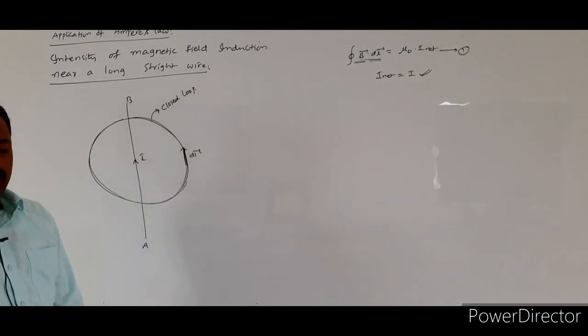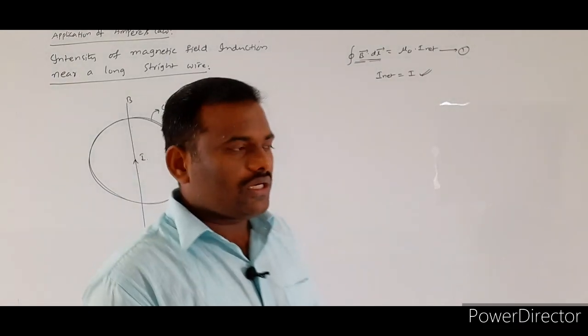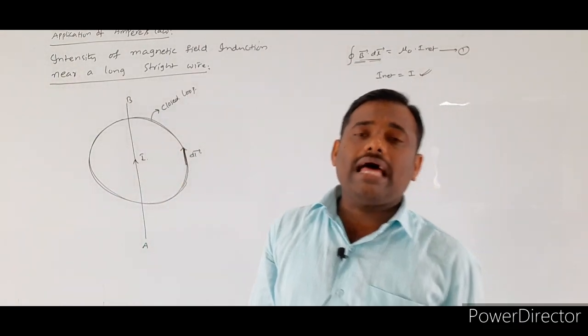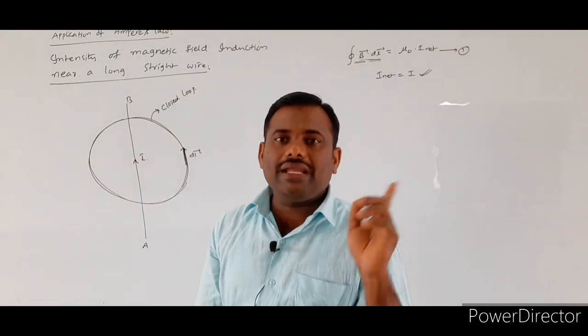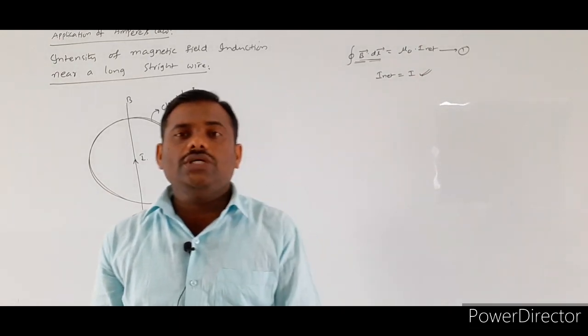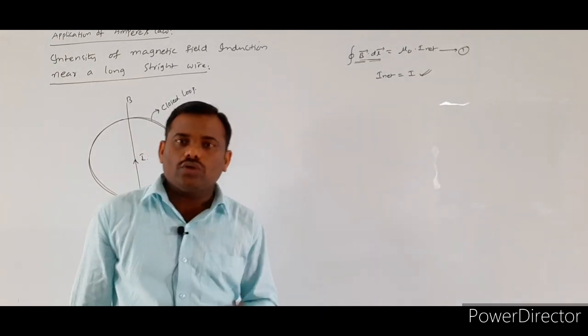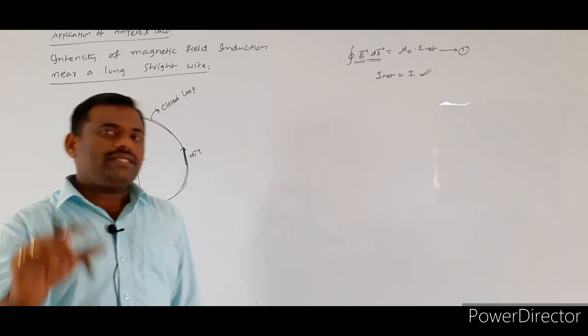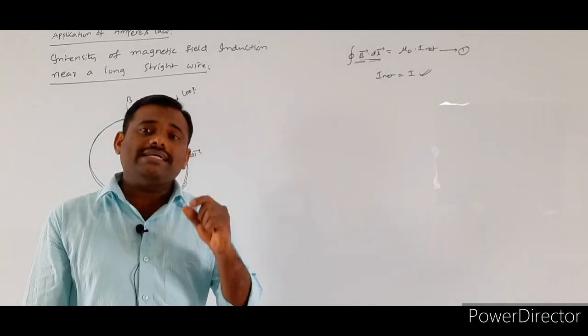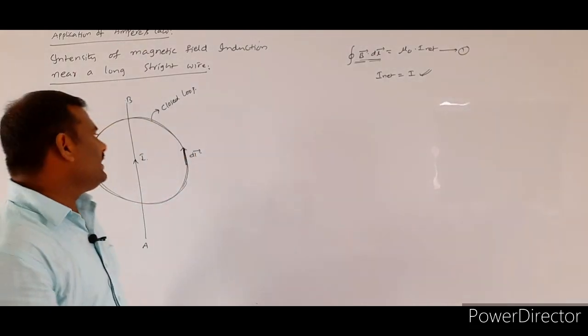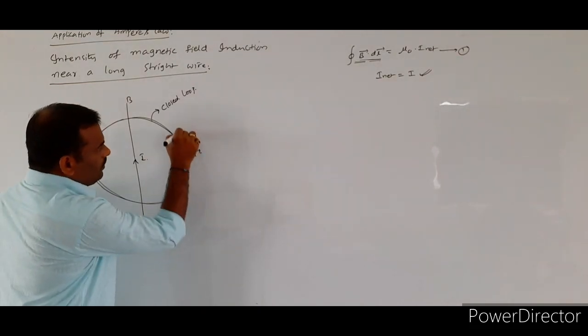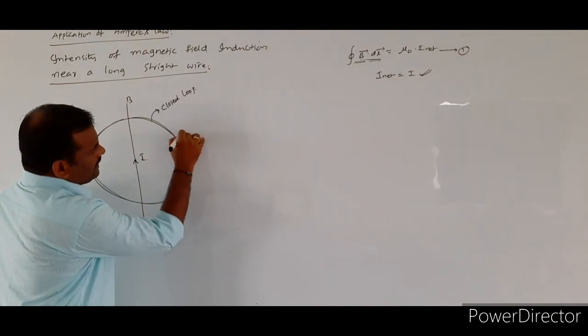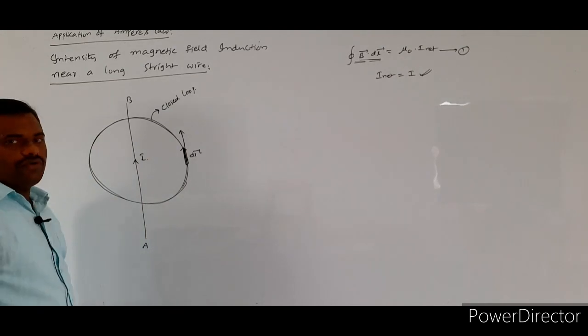While applying Ampere's circuital law over the periphery of the closed loop, first consider a small element dl bar. Once you consider the dl bar, at that point we have to draw a tangent.